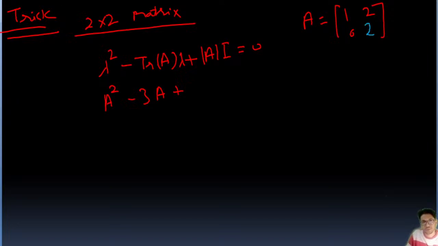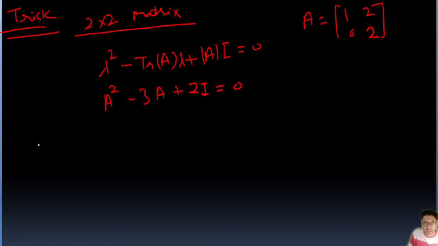So this is lambda squared minus 3 lambda plus 2 equal to 0. So we can write it like this.